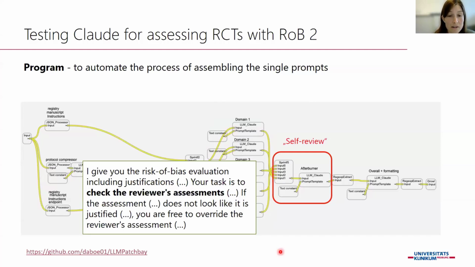If the assessment does not look like it is justified, you are free to override the reviewer's assessment. So again, we provided all the guidance, and we provided the assessments already created by Claude. This was something which we had the impression during the prompt engineering that it worked quite well, because Claude often was quite strict at the beginning, and then it got a bit better with this additional prompt.